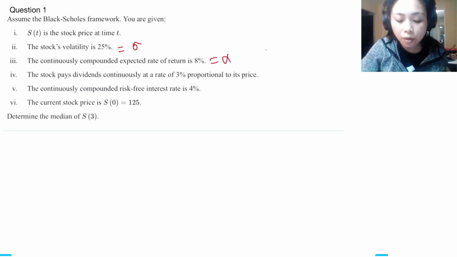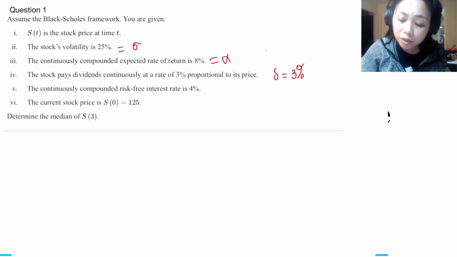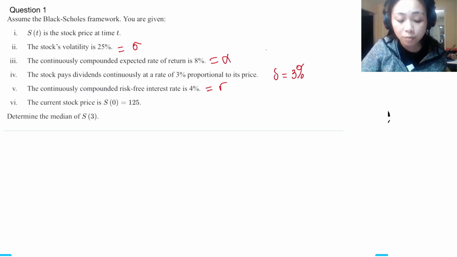The stock pays dividend continuously at the rate 3% proportional to its price, so this is delta. Delta is 3%. The continuously compounded risk-free interest rate is 4%. This is just r, the risk-free interest rate representing the environment of the financial market. The current stock price S0 is 125, and we determine the median of S3.